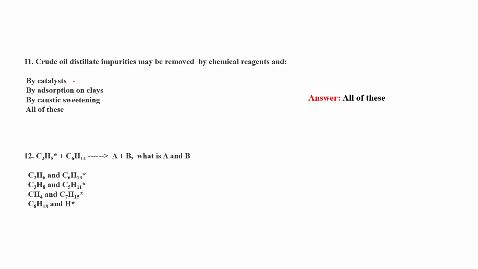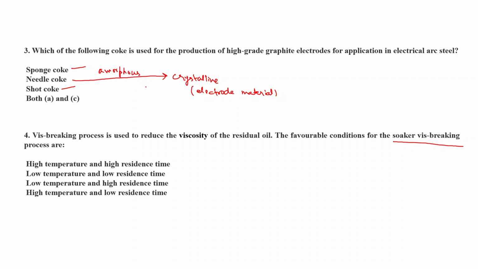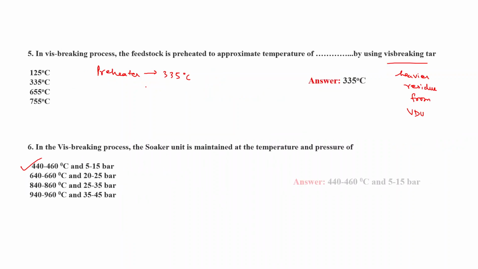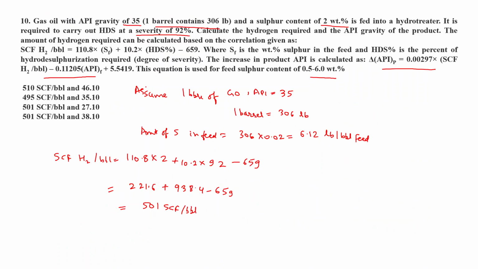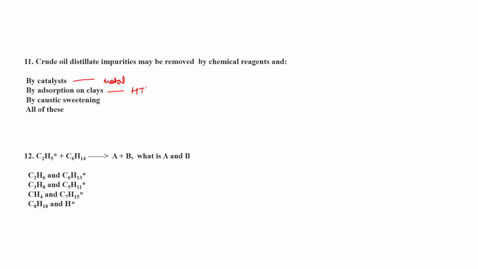By catalyst we can remove metals, or we can remove metals by absorption of clay, as is done in the HTL process. Sulfur removal is done by caustic sweetening. So we can say all these procedures can be used for the removal of impurities.